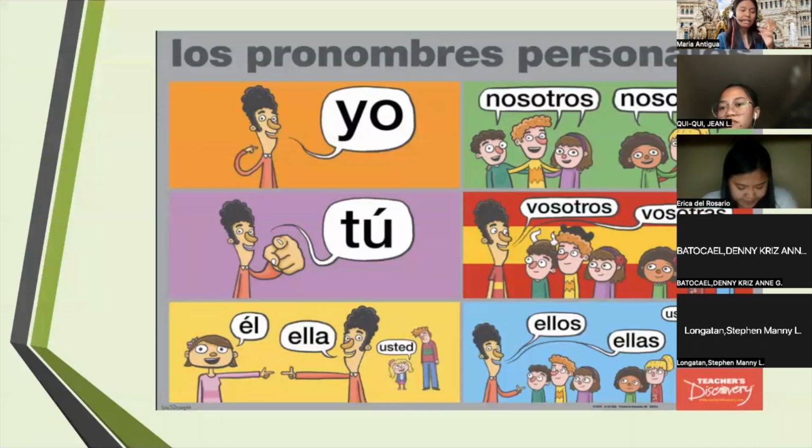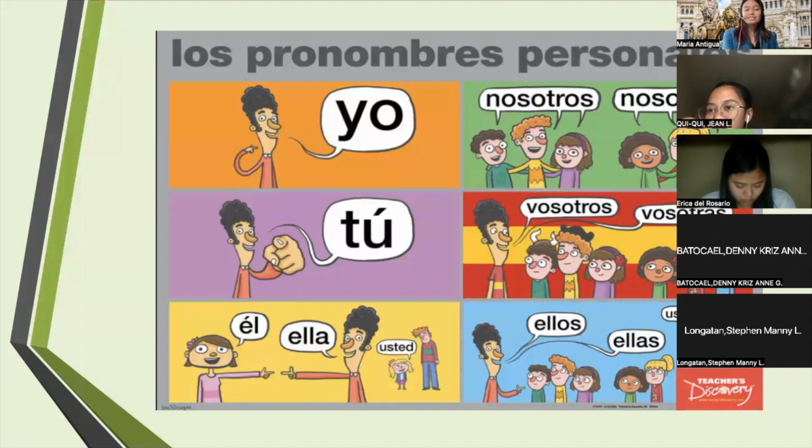Ayan, magkausap sila, él, ella. Él, so she is pointing to a man and he is pointing to a woman. Él, ella. Usted naman, that little girl is talking to an older man. Kaya ginamit niya yung usted, right? Nosotros, nosotras is we. Okay, that's why magkakaakbay.